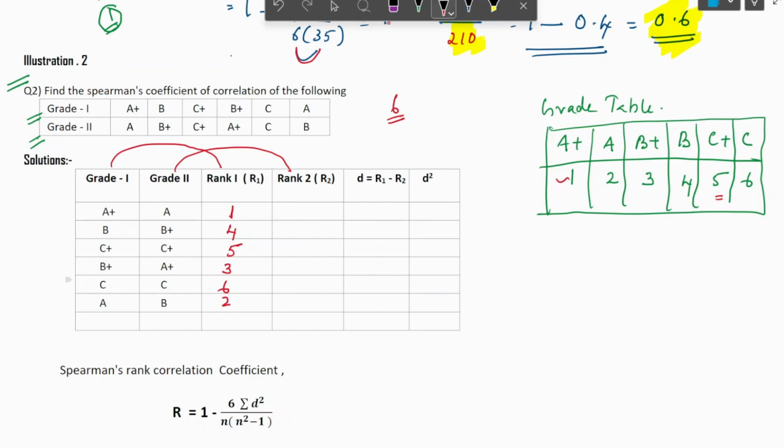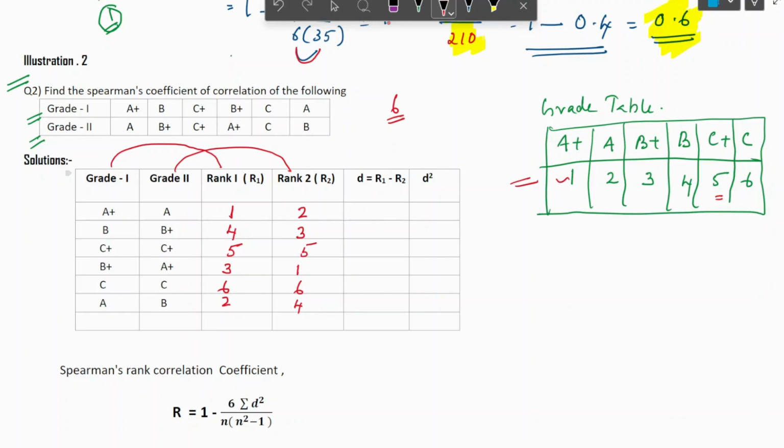Now we consider grade 2. Here in the second one it is given A, B plus, C plus, A plus, C and B. According to this table, we convert to rank: A, second rank, B plus, third rank, C plus, fifth rank, A plus, first, C is 6, B is 4. That means we have completed the third and fourth columns.